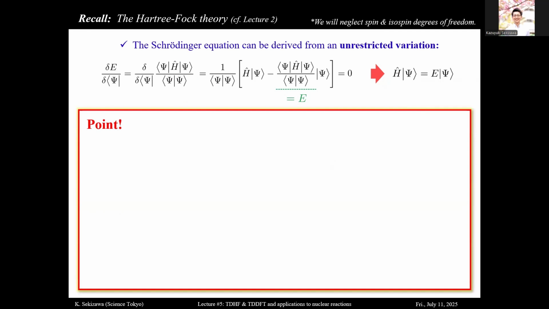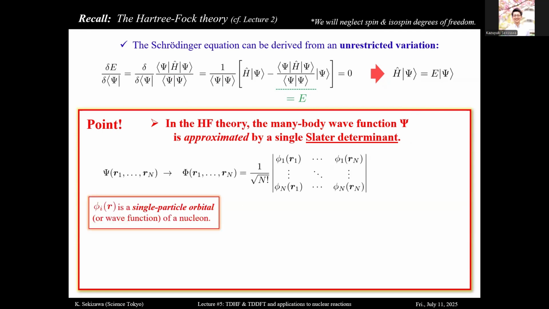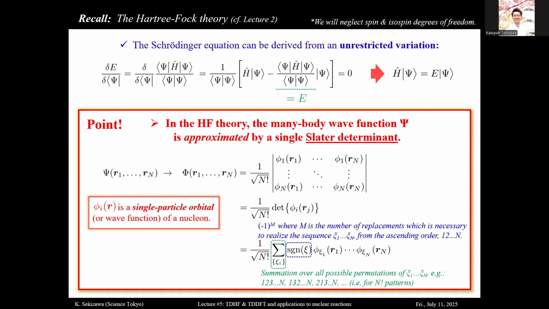The point of the Hartree-Fock theory was to approximate the many-body trial wave function for the variation by a single Slater determinant. So by introducing the Slater determinant, we could derive the Hartree-Fock theory.